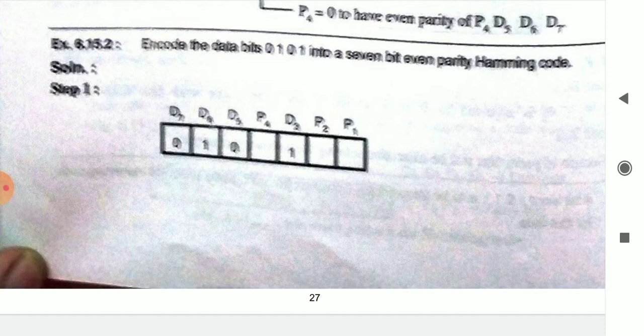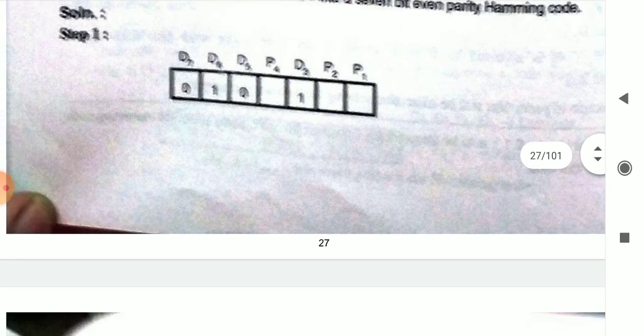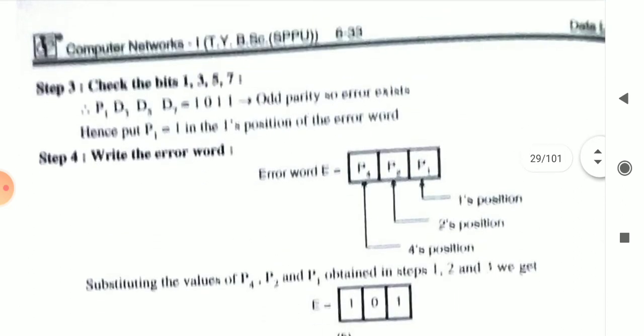That's why I will write here 0 1 0 1. This is the parity of Hamming code. Check the bits first of all and write the error words. Observe it carefully.